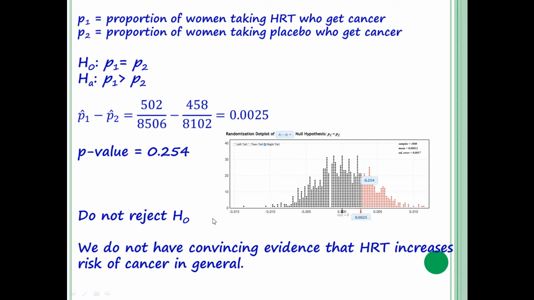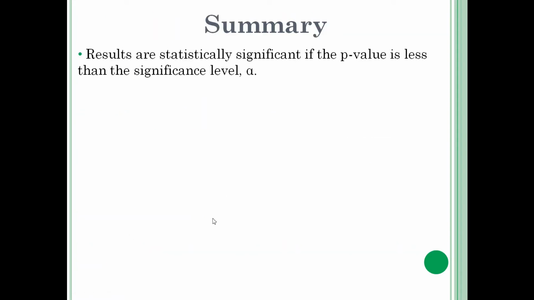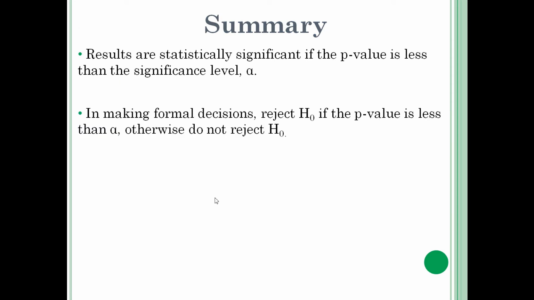So in summary for 4.3, the new thing that we introduce is alpha. Alpha is what we call the significance level, and this is basically what determines if my result is statistically significant or not. The way we do that is by comparing it to the p-value. And once we compare it to the p-value, we make a formal decision.